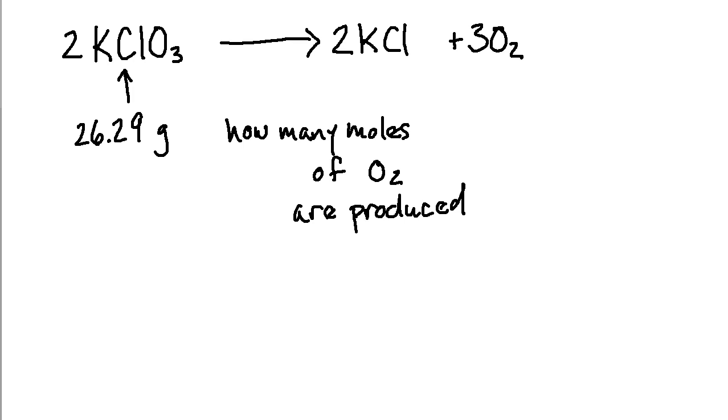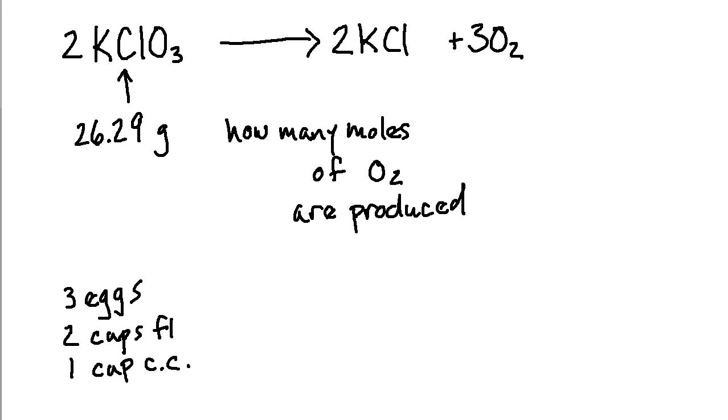And the best analogy that I can make to this so that students understand is that this is just like baking or cooking if you were to have a recipe card. So in your recipe card, maybe it says that you would have 3 eggs for a certain baked good and 2 cups of flour, and then you would have 1 cup of chocolate chips, and 1 teaspoon of baking soda.